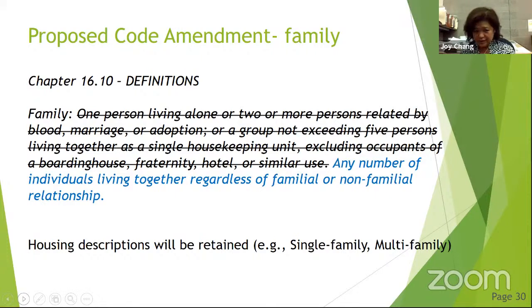And Josh, our city attorney, helped in regards to making sure that this is still doable. So we would define it as any number of individuals living together, regardless of familiar or non-familiar relationship. Perfect. So that is moving forward. That's what HUD uses. So I think that's fine.